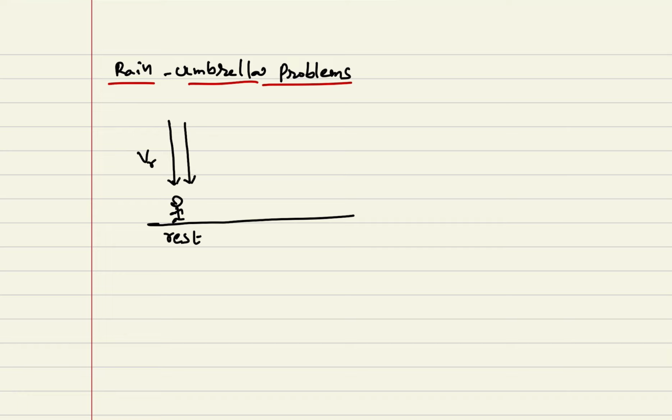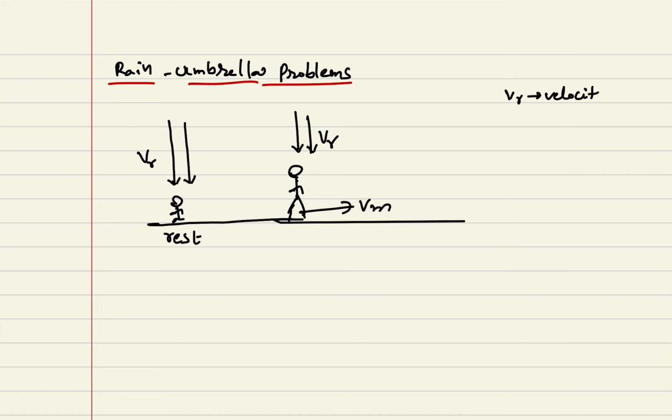If rain is falling like this, this is the velocity of rain. Let us consider the next time he is moving. I am taking that the man is moving, and he observed that rain is falling vertically downward.